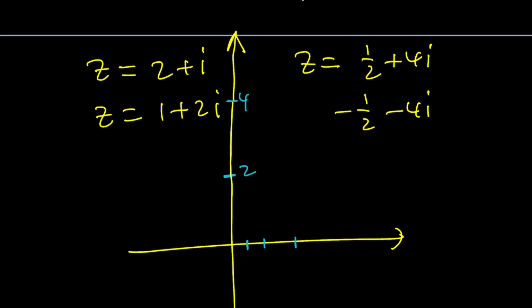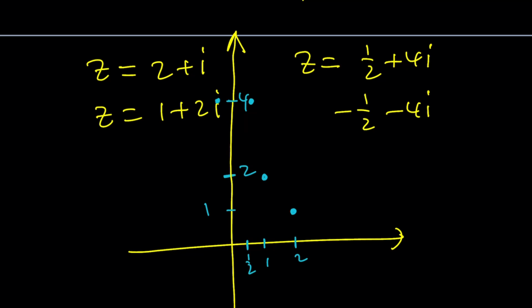This is going to be my 2. This is 1/2. This is 1. And this is 2. Okay? So 2 plus i, 2 plus 1i is going to be here. 1 plus 2i is going to be like here. And then 1/2 plus 4i is going to be up here. And then negative 1/2 plus negative 4i is going to be just on the other side.